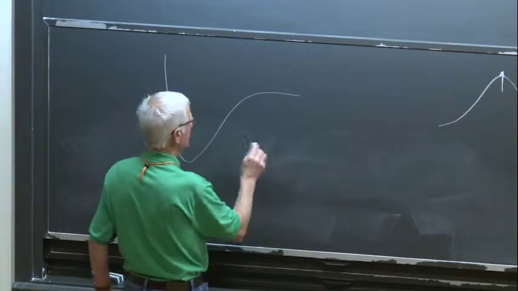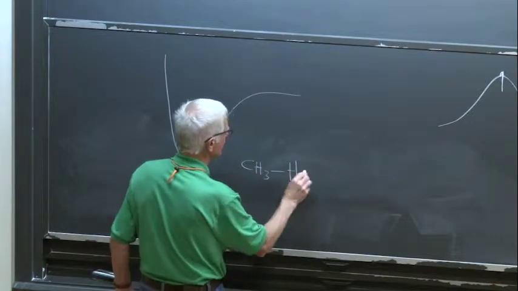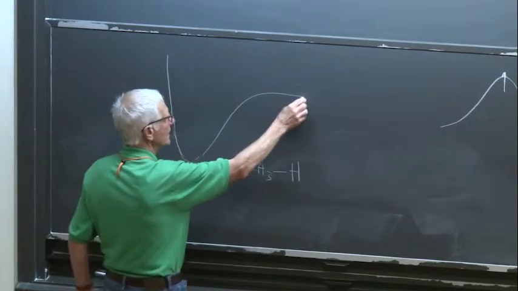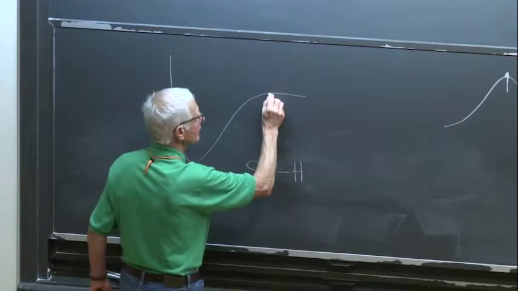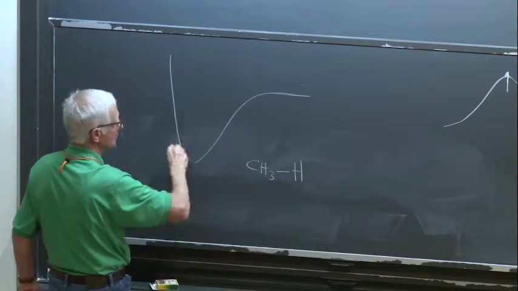So this is the CH3–H bond distance, and they're coming in like this. And there's no barrier. That should be flat. There's no barrier, and the energy decreases.